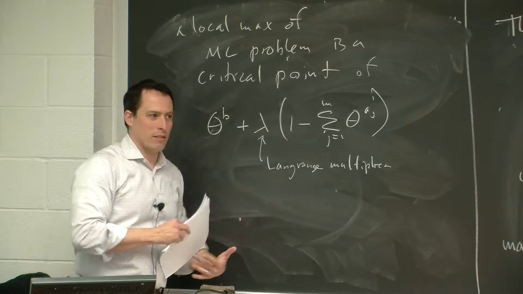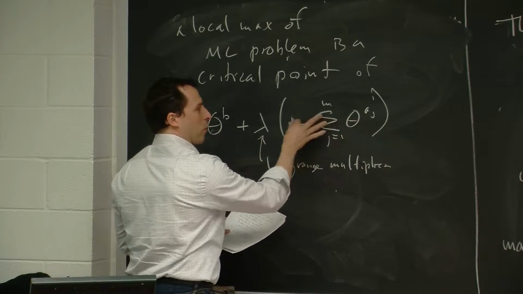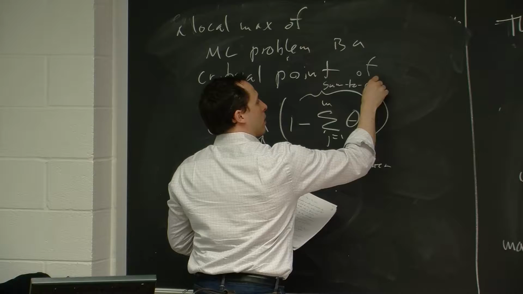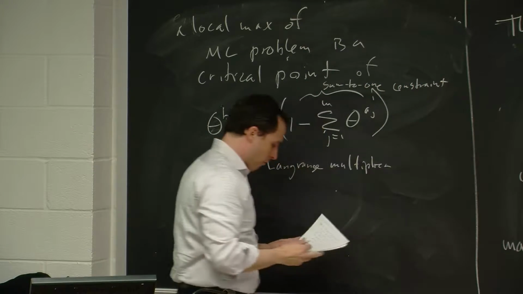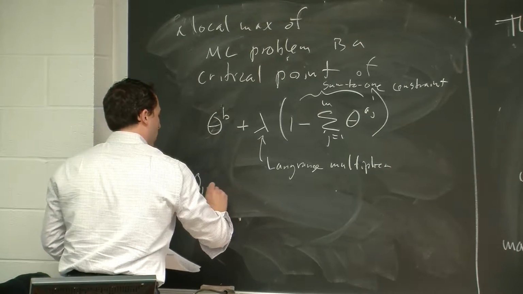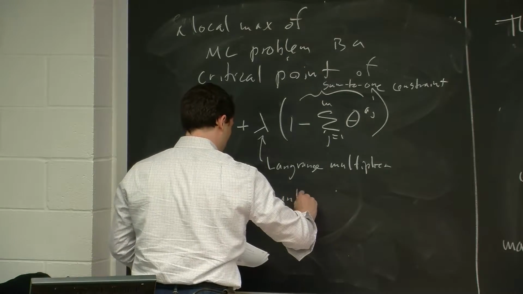So I get an extra variable. It's just this optimization technique. And this is the probability sum to one constraint. So we have now theta 1 up to theta d, and also lambda as unknowns.